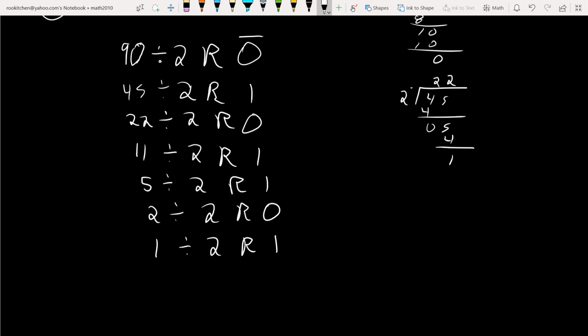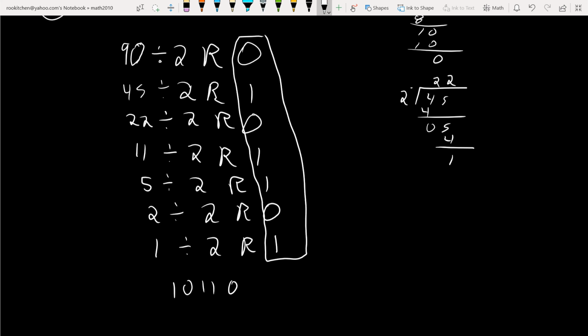Okay, so your binary number is sitting right here. And you read it in reverse, so it would be 1, 0, 1, 1, 0, 1, 0. The algorithm for working with this is basically just the same thing, but in a mechanical form. In particular, this number here is from doing 90 mod 2.